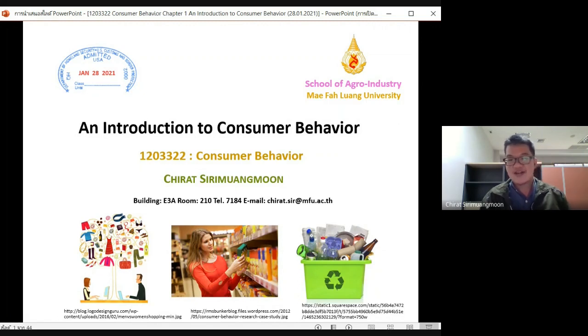Then we have the second phase, which is during purchase, or purchase time. After you collect the information, you make the decision. And finally, after you buy the product, you might feel that it's good or it's bad, and how to remove it and how to keep it. That is the post-purchase. So here is the whole process of consumer behavior.